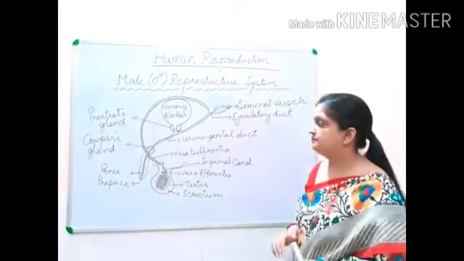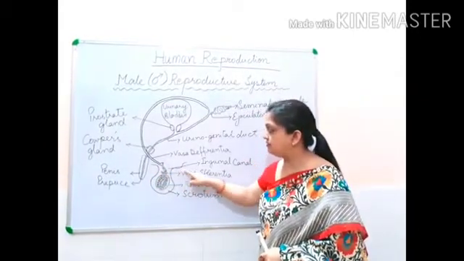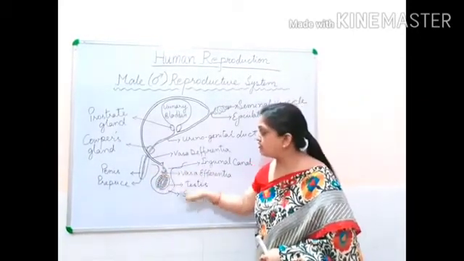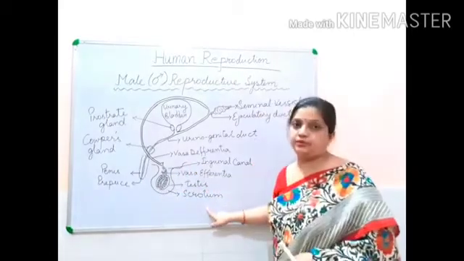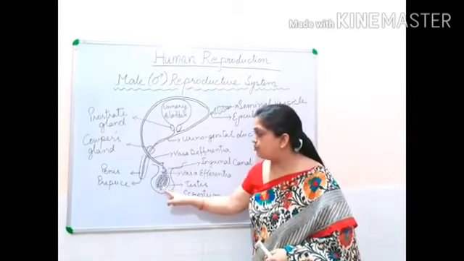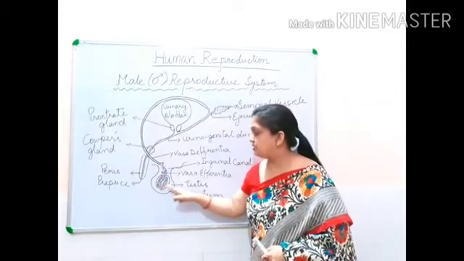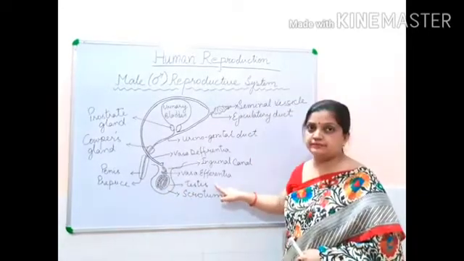You can see that I have drawn a pocket-like structure here. This pocket-like structure is called scrotum. Inside this pocket you can see two bean-shaped structures, called testis.